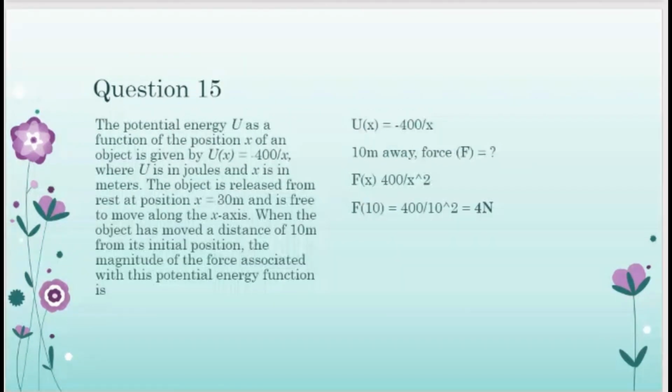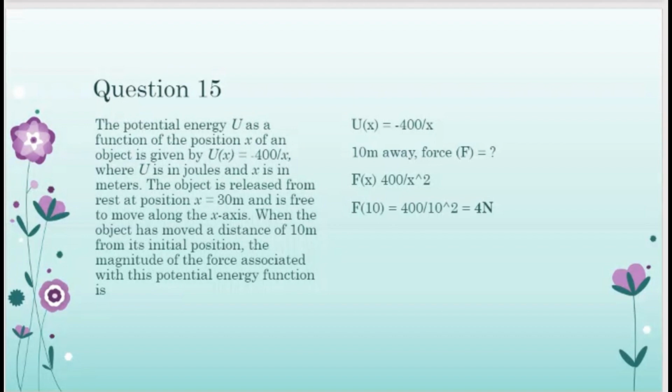So question 15 in the packet tells us the potential energy U as a function of the position x of an object is given by the equation U(x) = -400/x, where U is in joules and x is in meters. The object is released from rest at position x = 30 meters and is free to move along the x-axis.